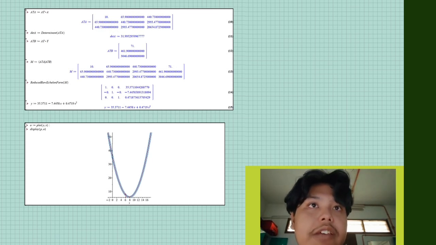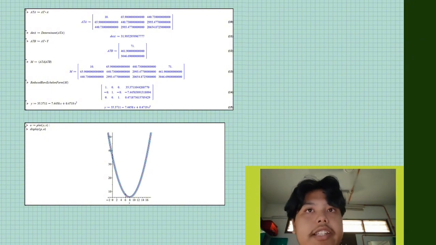So after we get that, we must calculate the determinant of A. So determinant A equals to determinant of A transpose A. After we got that, we can finally calculate for A transpose B, which is A transpose Y.